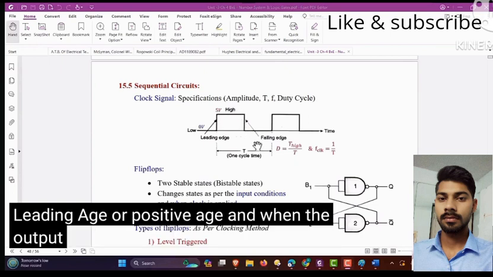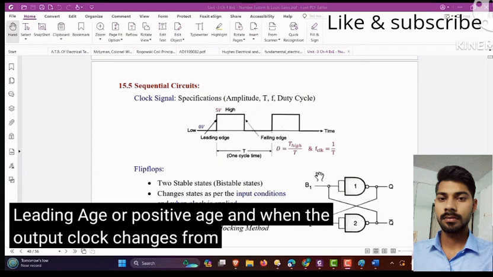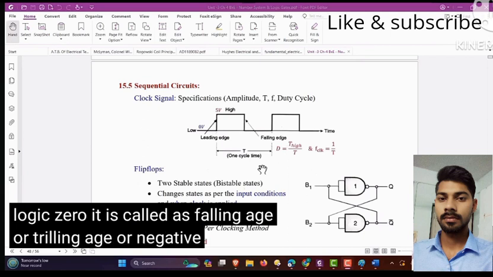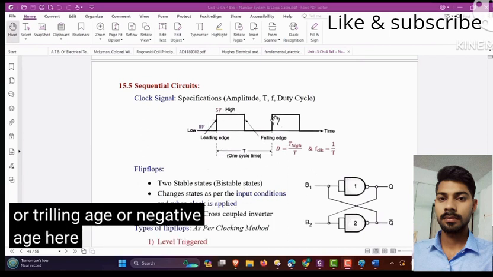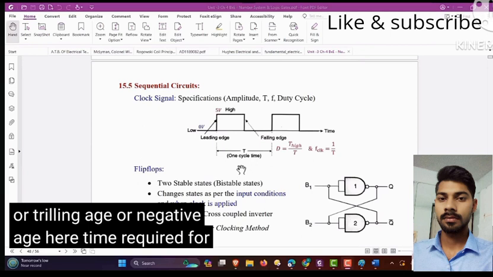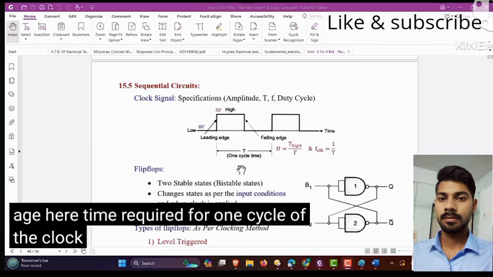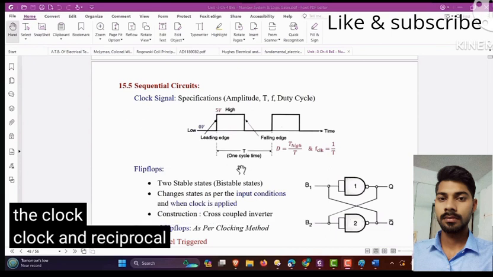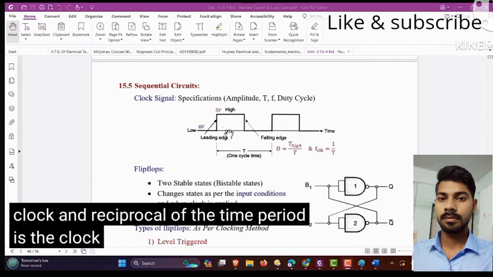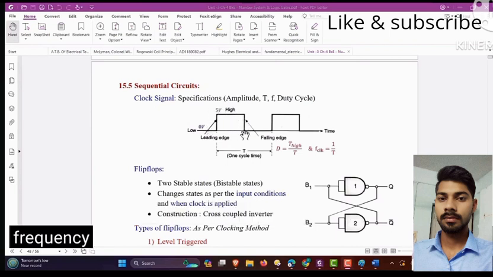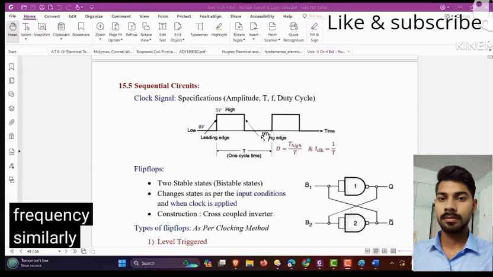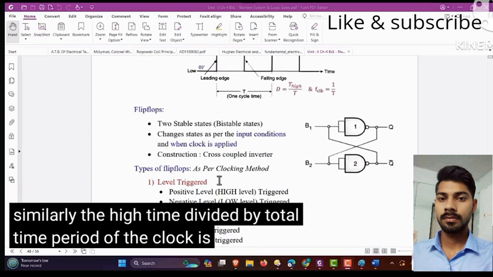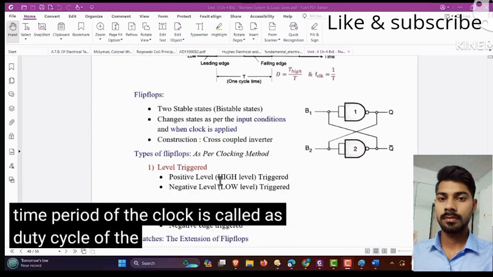And when the clock changes from logic 1 to logic 0, it is called as falling edge or trailing edge or negative edge. Here, time required for one cycle of the clock is called as time period of the clock. And reciprocal of the time period is the clock frequency. Similarly, the high time divided by total time period of the clock is called as duty cycle of the waveform.